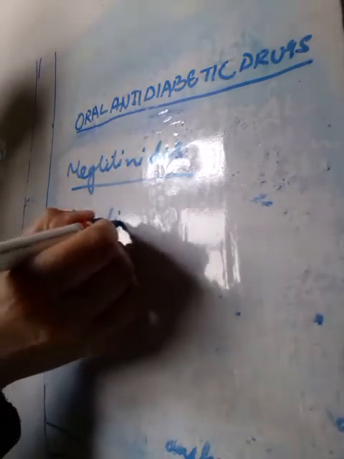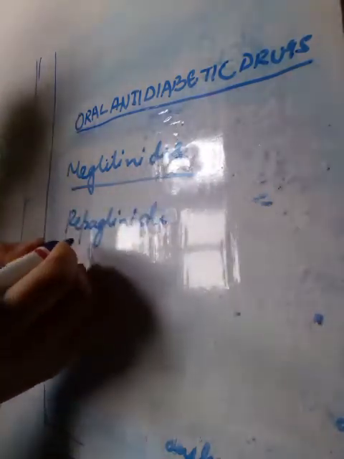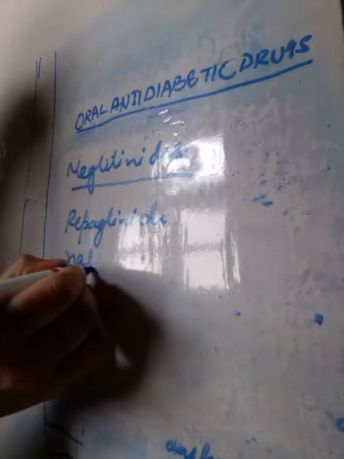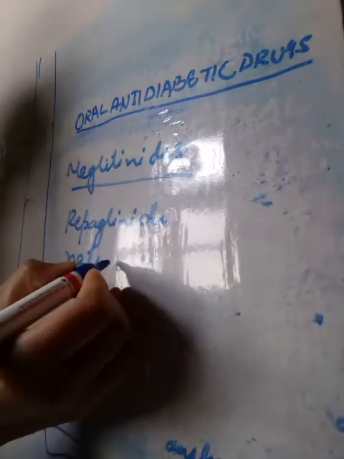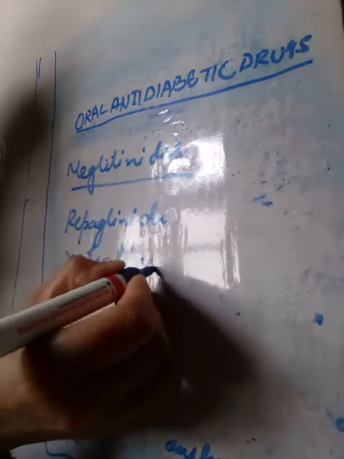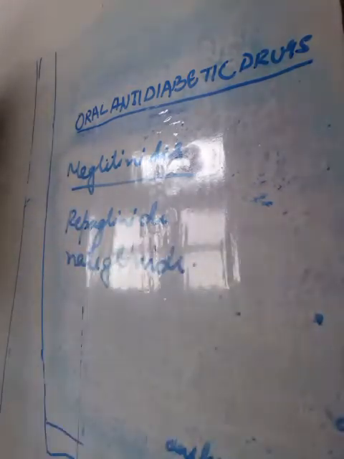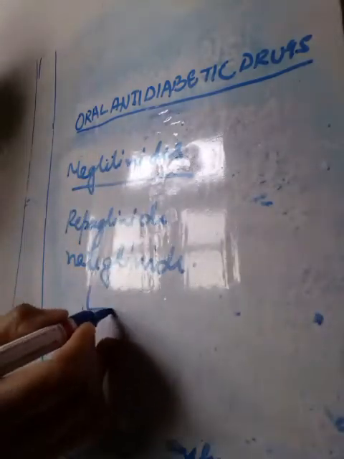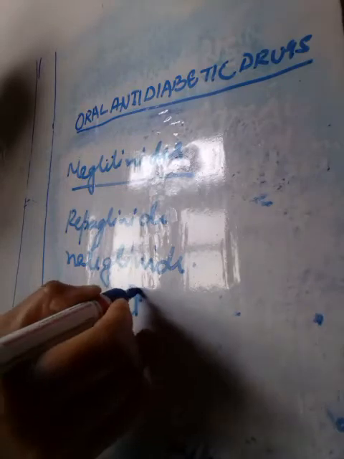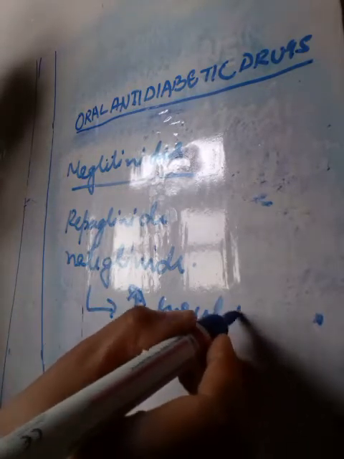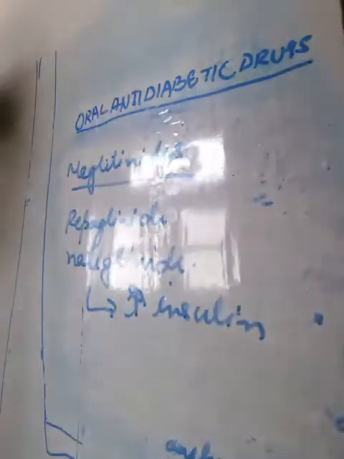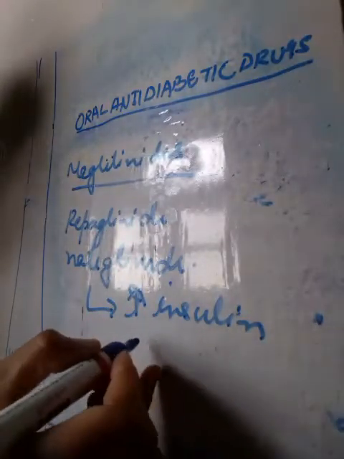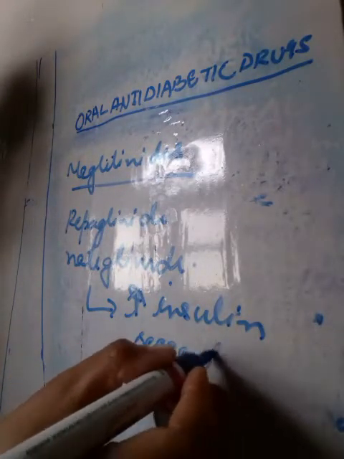In this group of drugs we have repaglinide and nateglinide. These produce the antidiabetic effect by increasing insulin secretion.